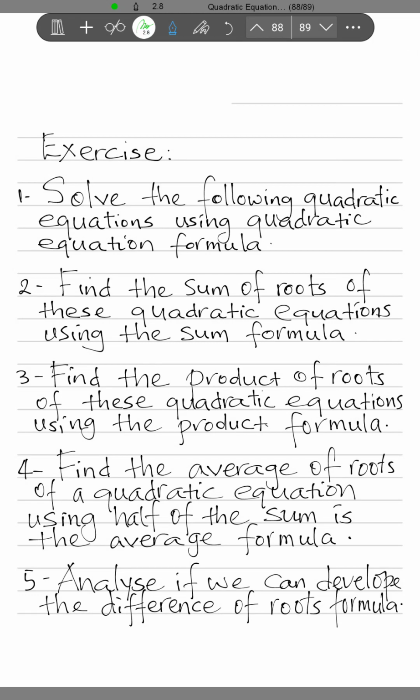Now, here we have an exercise. Solve the following quadratic equations using the quadratic formula. Find the sum of the roots using the sum formula. Find the product of the roots using the product formula. Find the average of the roots using half of the sum of the roots, which is just the average.